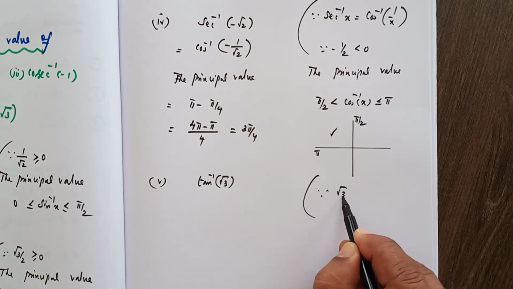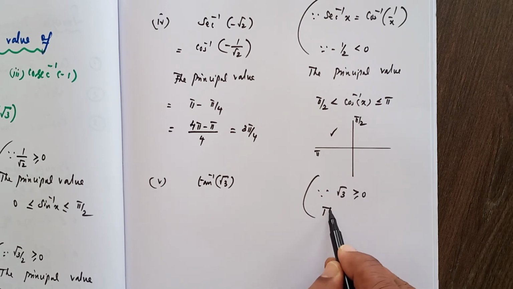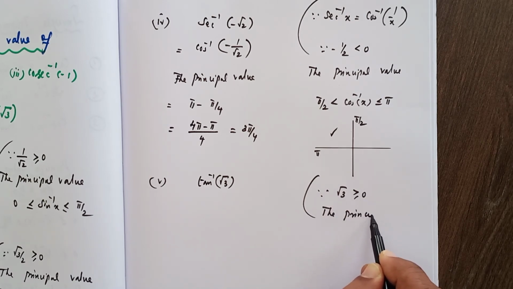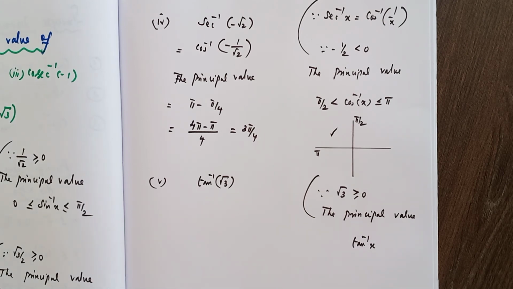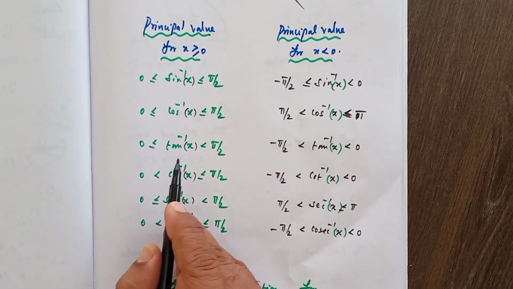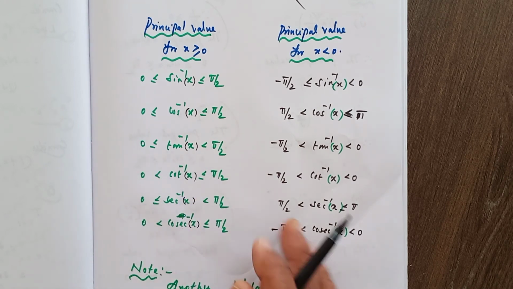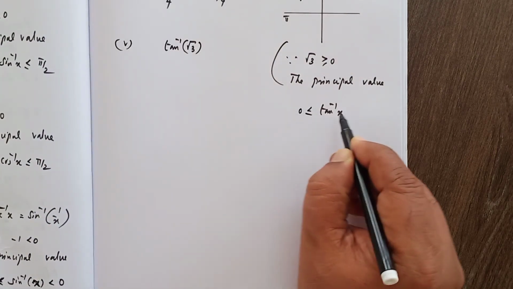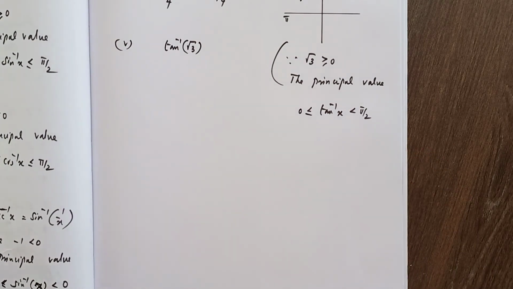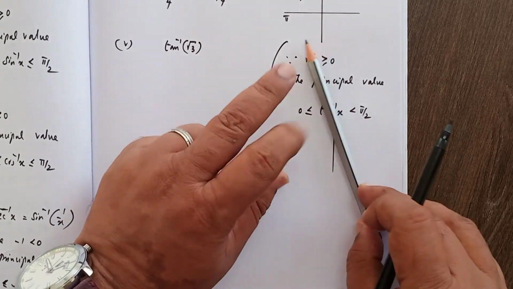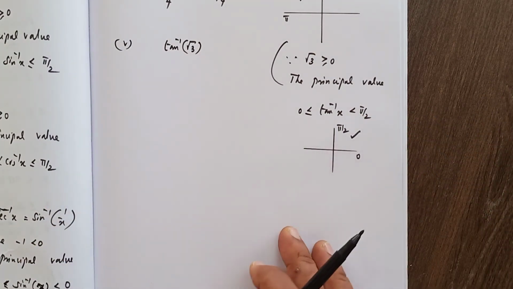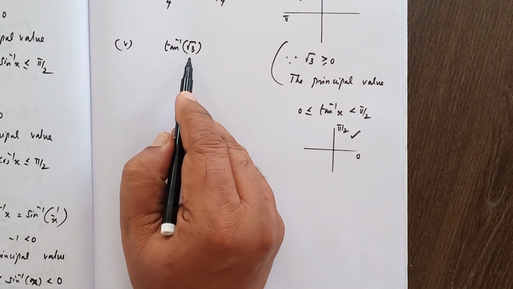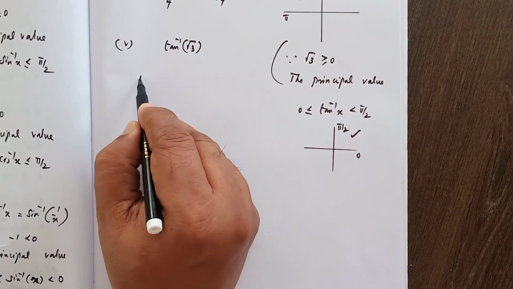Since root 3 is greater than or equal to 0, the principal value of tan inverse of x, if it is positive, lies between 0 less than or equal to, here less than 90. That means it lies in the first quadrant. Here 0, 90 lies in the first quadrant only. So you know that tan 60 degree is equal to root 3. That is the principal value.